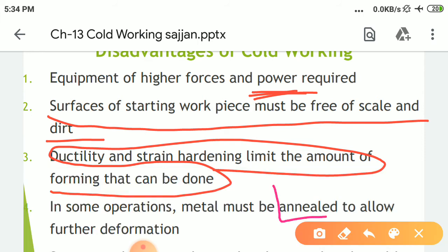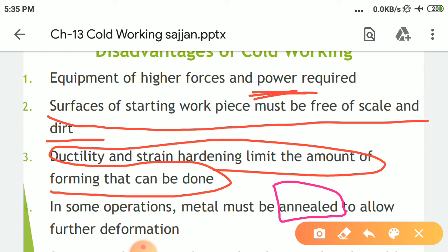That's here it is mentioned, annealing we can do. So remember, in cold working, if you're going for lower deformation, that's allowed, but if you want to go for more deformation, that's not permittable, as fracture may take place, because of the increase in the strength and hardness. So what we will do, we will do the annealing.